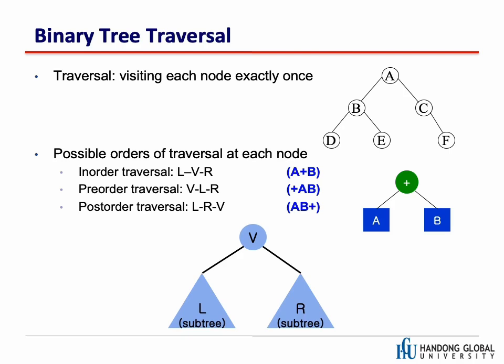The pre-order traversal will traverse the root node first, then the left subtree, and then the right subtree, like plus A B. So we read the root node first, and then we read A and B. The post-order traversal traverses the left subtree first, then the right subtree, and then the root node, like A B plus. If you understand the infix, postfix and prefix notations, then this is kind of the same thing.